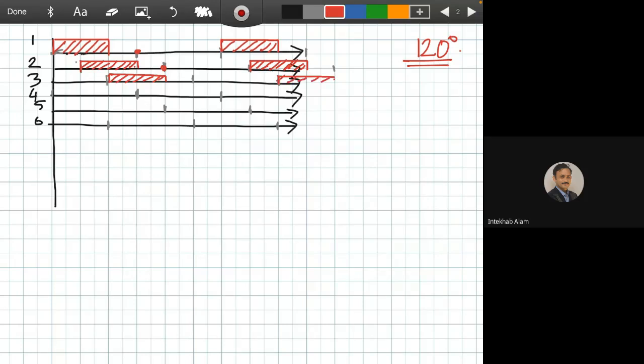Do you have any question regarding these points? Here the conduction is now 120 degree for all switches. Okay, and there is a gap time of each switch.